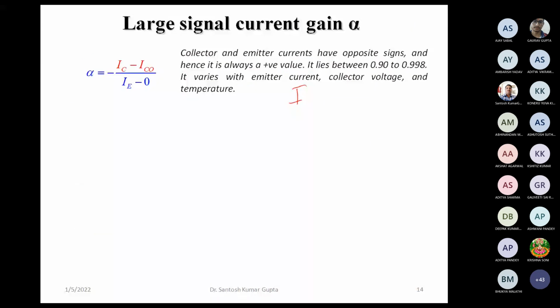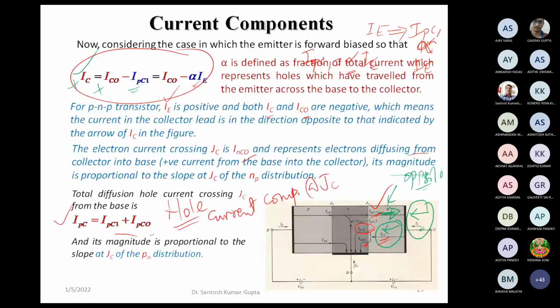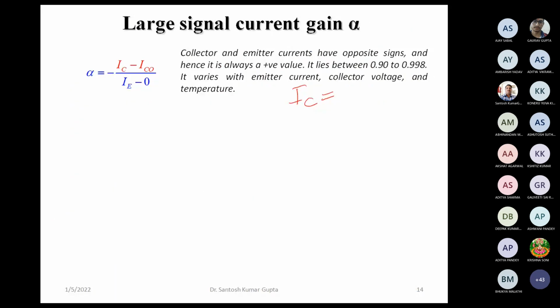So IC is equal to ICO minus alpha IE. From this equation we can readily write this equation here. We will of course not have this 0.